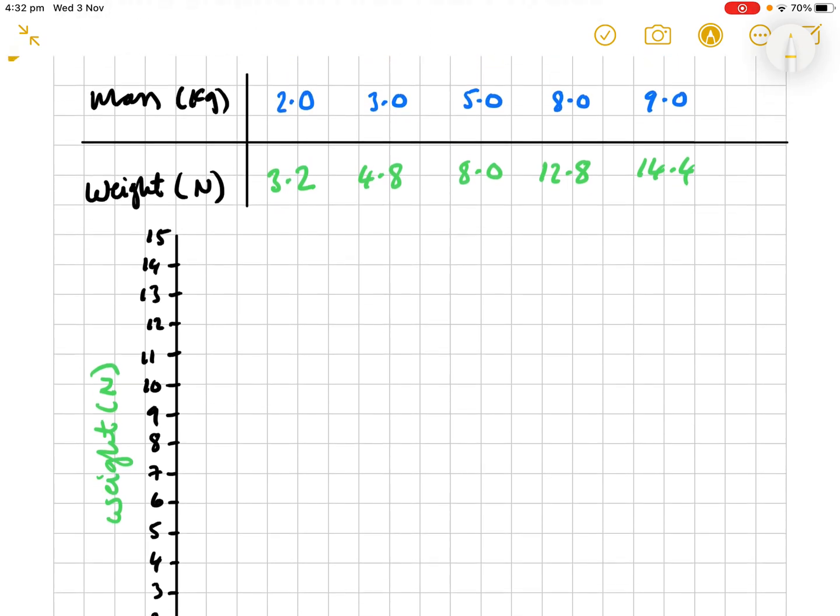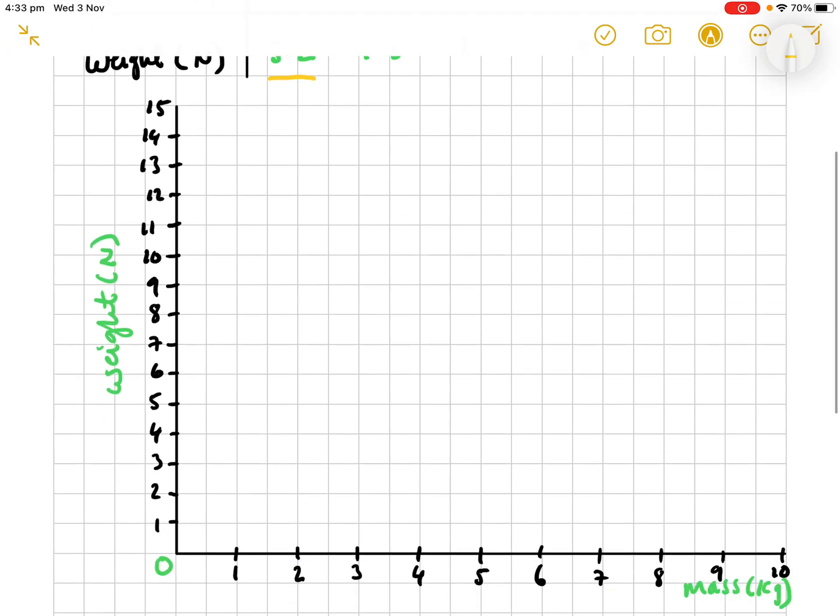My first point is 2 kilograms, that's this one, and 3.2 newtons. So I go along to 2 kilograms, here I am, so there's my 2 kilograms, and I'm looking for 3.2 newtons. Well, there's 3. I don't have any grid lines in between 3 and 4, so I'm going to have to estimate where 3.2 is.